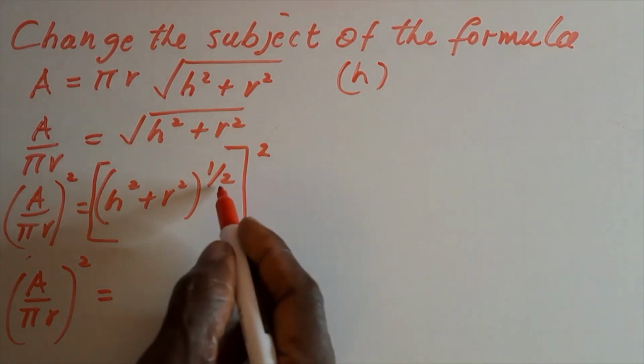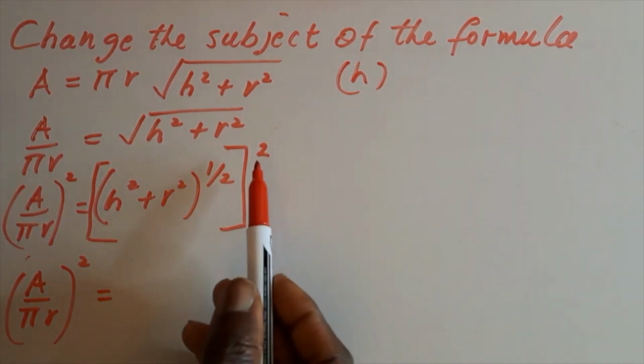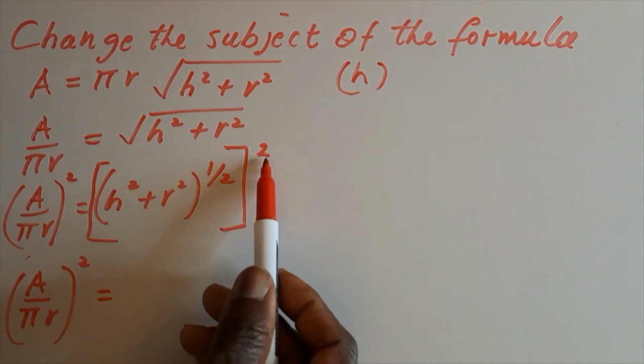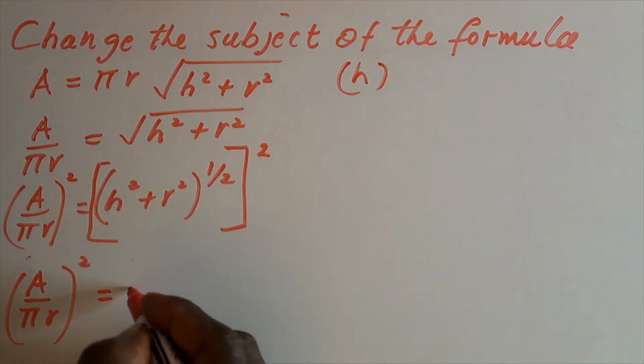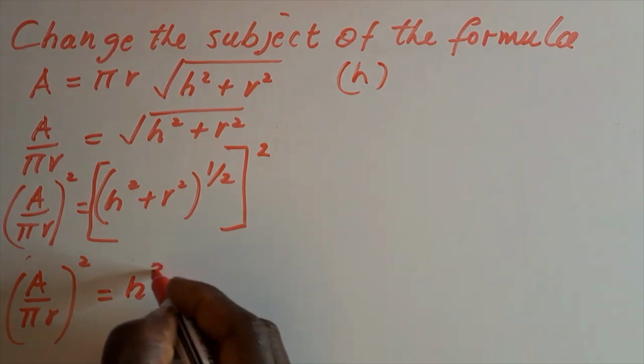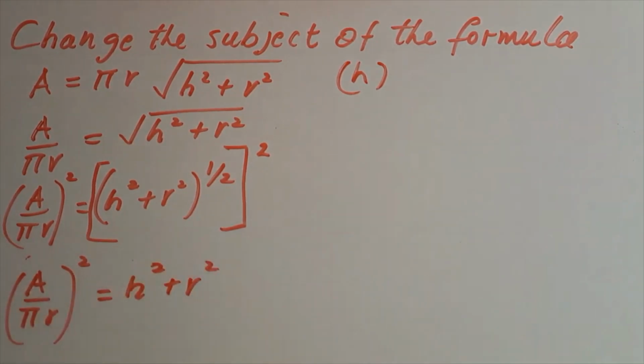Now this will cancel with the half, because the law of indices allows us to multiply this index by this index, and now we've got rid of the square root. Now we have just h squared add r squared on the right hand side.